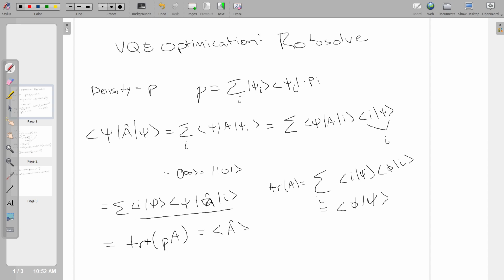So this was just a review. If you didn't know that the expectation value of an operator can be expressed via the trace of the density matrix, that's all you needed to know from this.